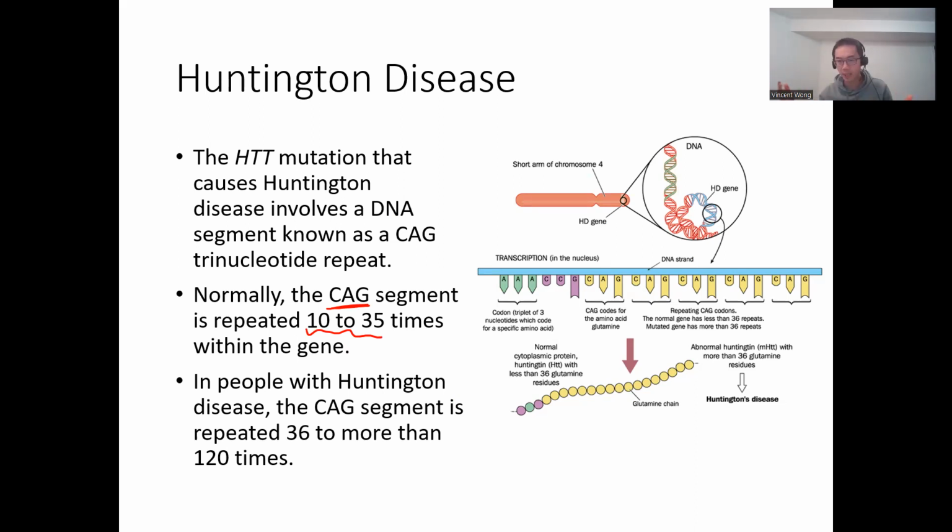For anybody who doesn't have Huntington disease, it's between 10 and 35 times. However, in people with Huntington disease, the CAG segment is repeated 36 to 120 times. So there seems to be a threshold, a limit beyond which the disease starts to show up. And CAG codes for glutamic acid, if you look it up on the codon chart.